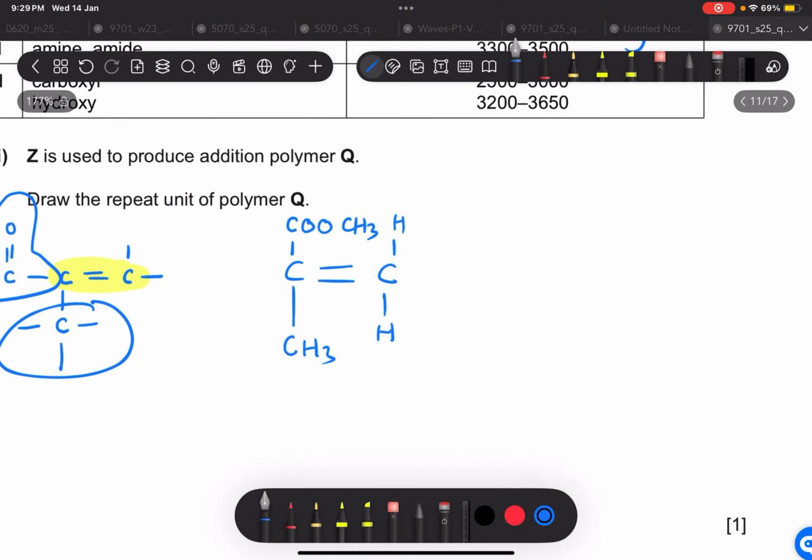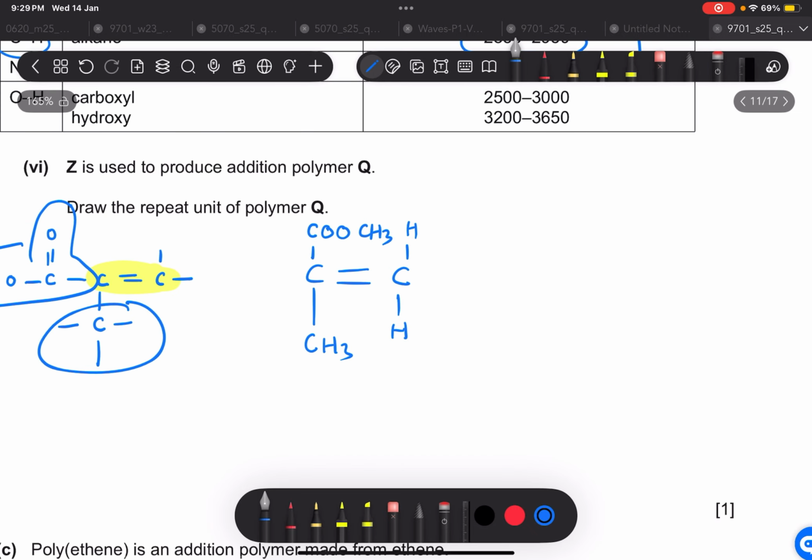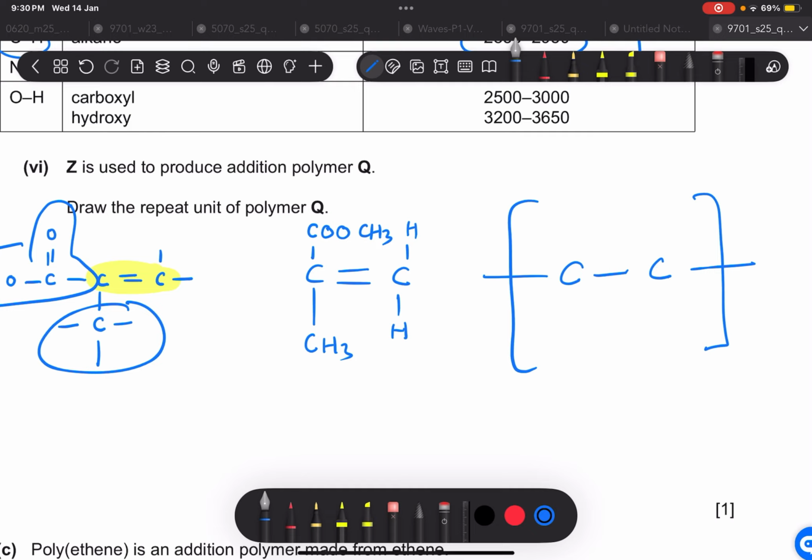So how do I draw a polymer for this? I extend this something like this, and this part is going to be carbon, oxygen, double bond, oxygen, CH3.